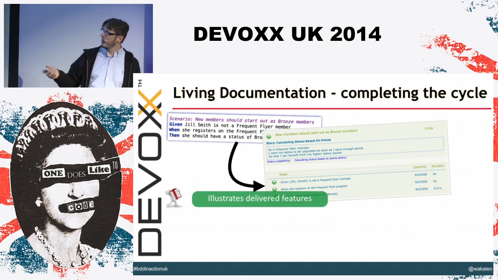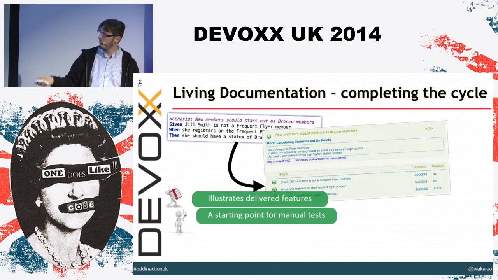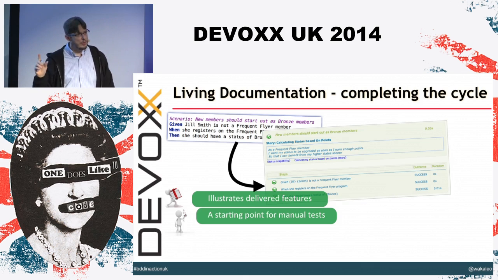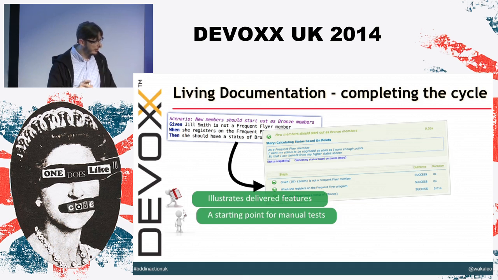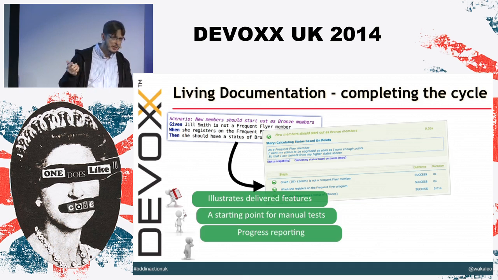But if you do it properly, you can come up with reports like this, where you're illustrating what the features do and giving the testers a starting point for what they actually test. So they can look at the automated tests, and if it's a web application, they'll have screenshots or video recordings showing how the acceptance criteria were verified, or checking the business rules.